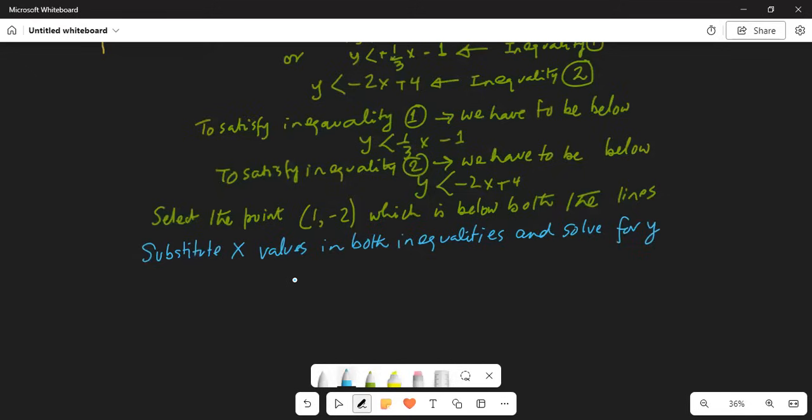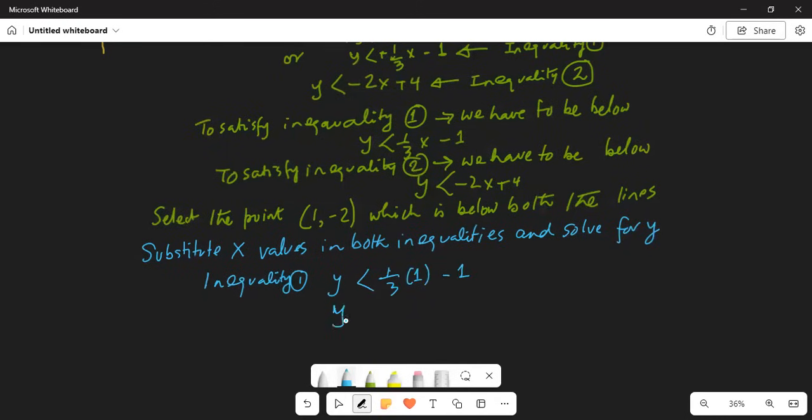First, inequality 1: y is less than 1/3 x minus 1. For x, I'm going to plug in 1.